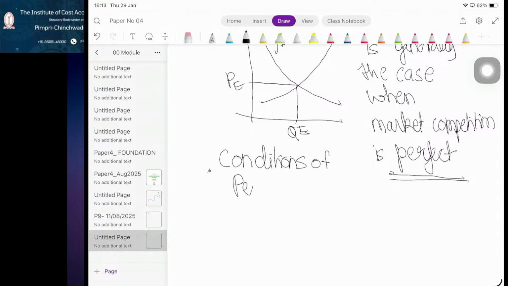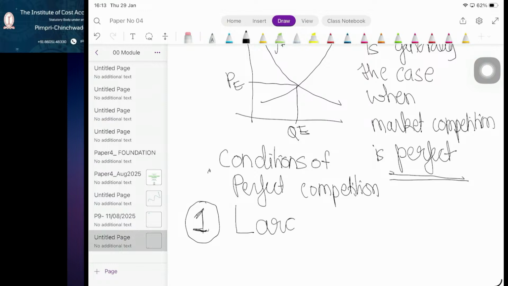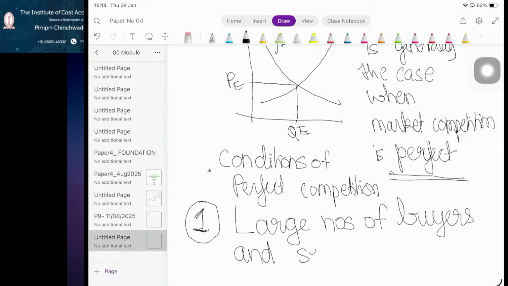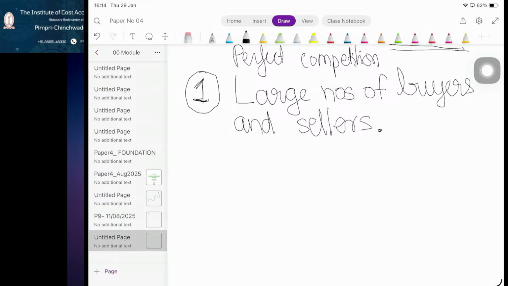First, a large number of buyers and sellers. Large number of buyers and sellers.